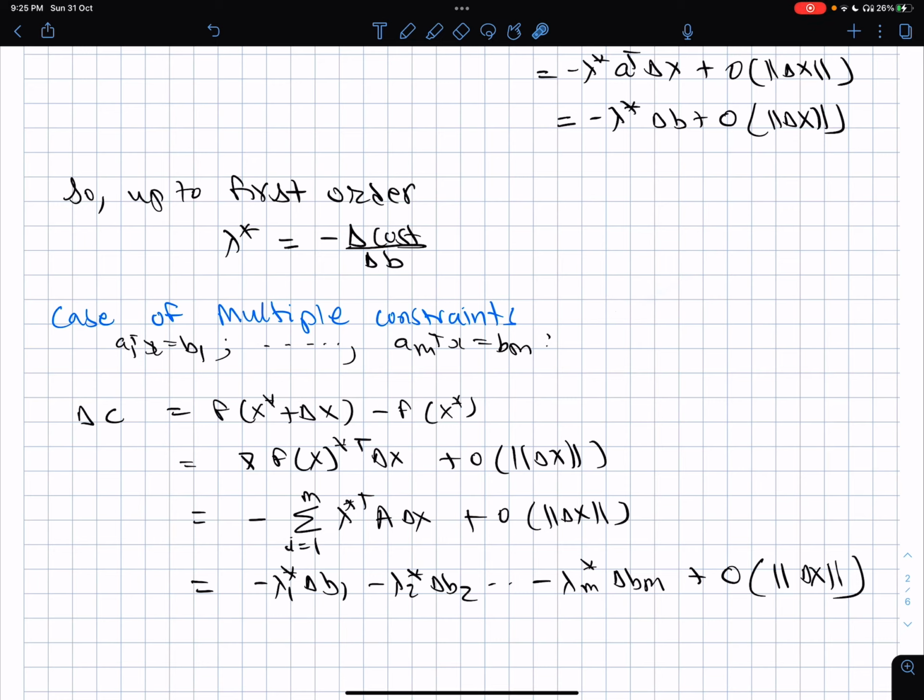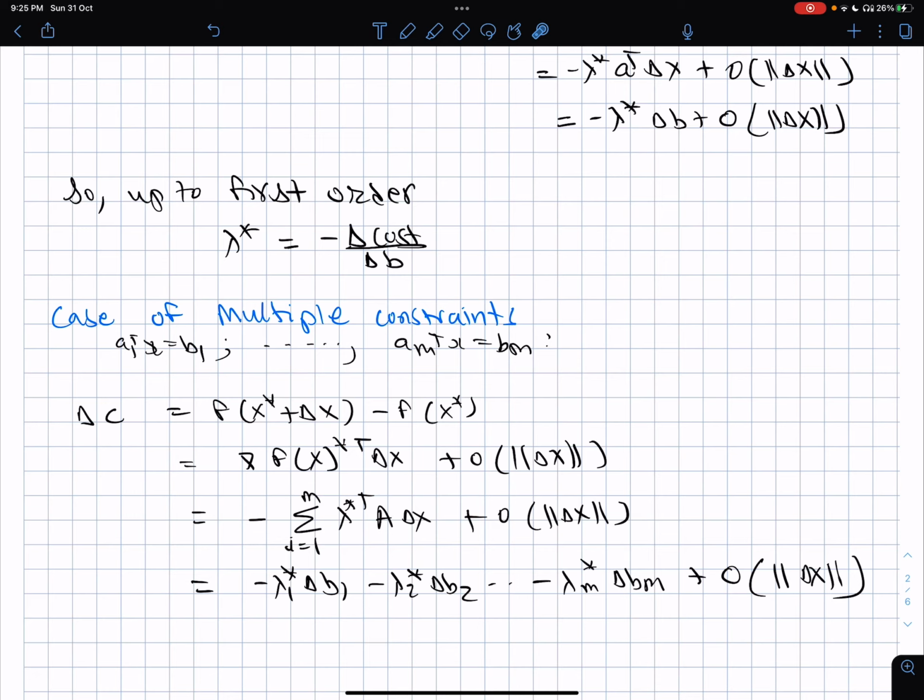Now let's see, suppose I had multiple constraints. Suppose I had m constraints, but still I am keeping them linear. A1 transpose x equal to b1, A2 transpose x equal to b2, and so on up to Am transpose x equal to bm.